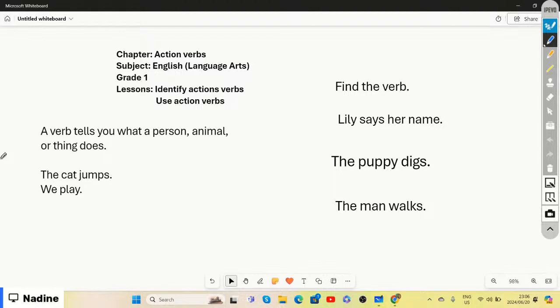It shows the action that either a person, an animal, or a thing does. So we can say a verb is a doing word, or we can say that it shows action, right?